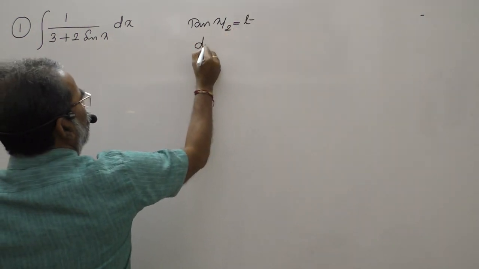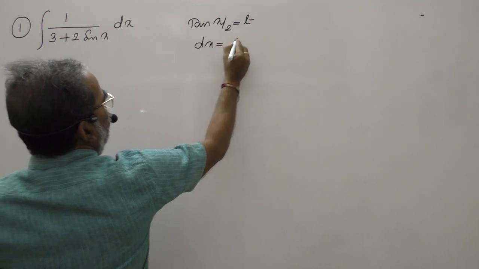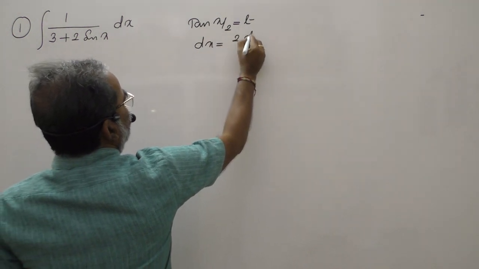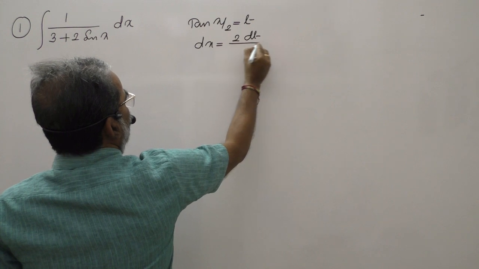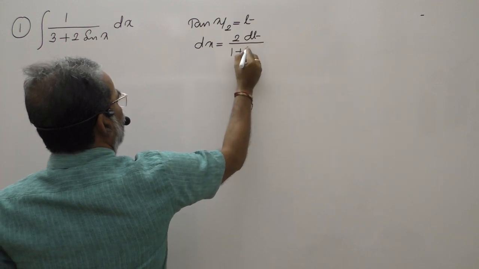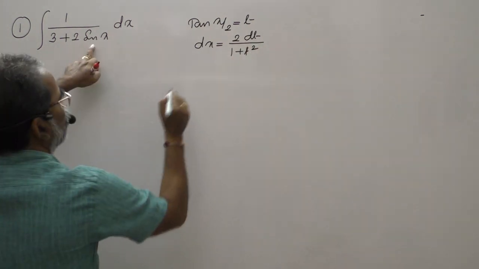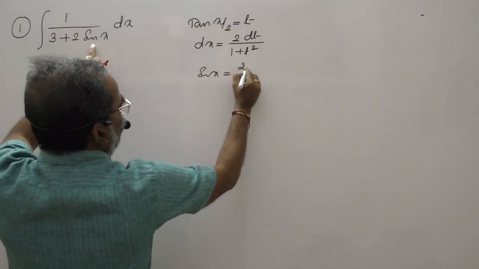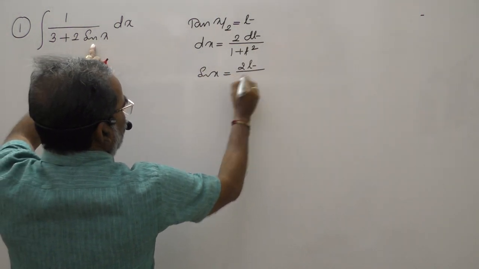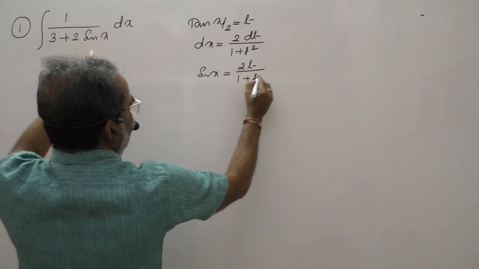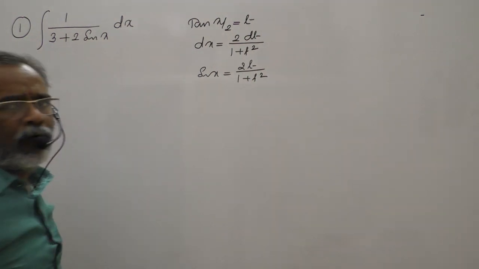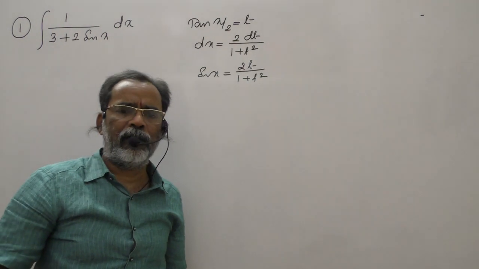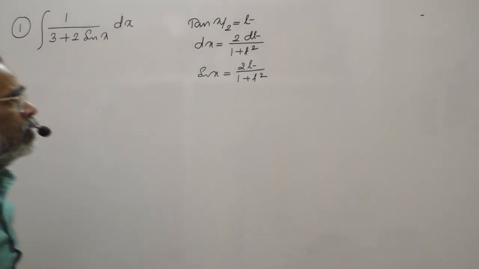I am not differentiating; directly I am writing dx. What is dx? 2 dt by 1 plus t square. Sin x will be 2t divided by 1 plus t square. If cos is there, it will be 1 minus t square by 1 plus t square.